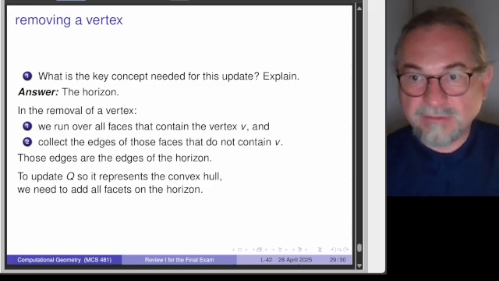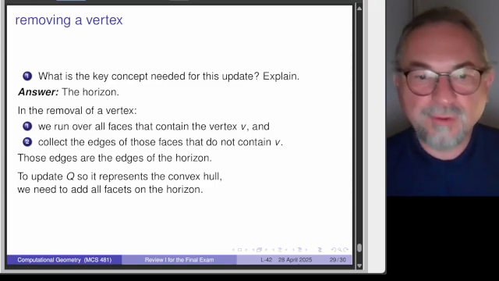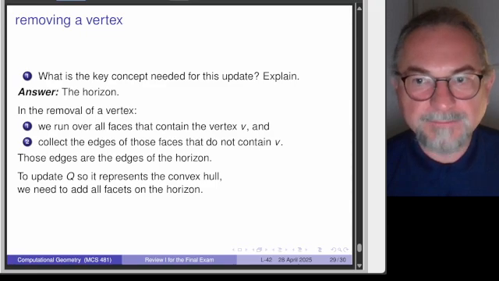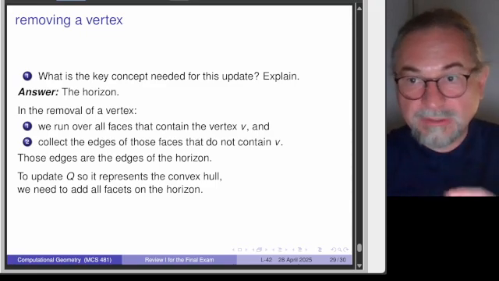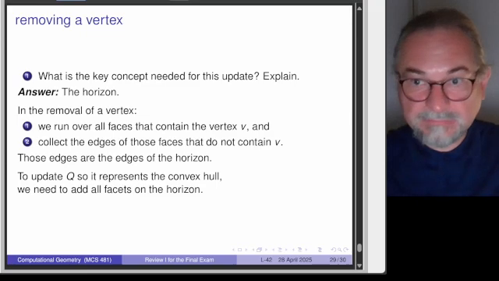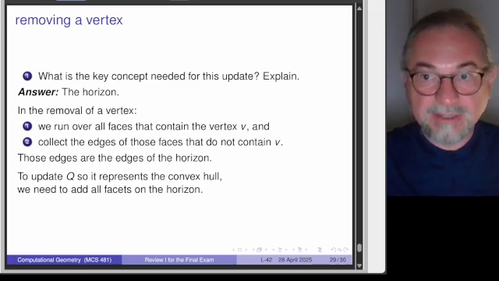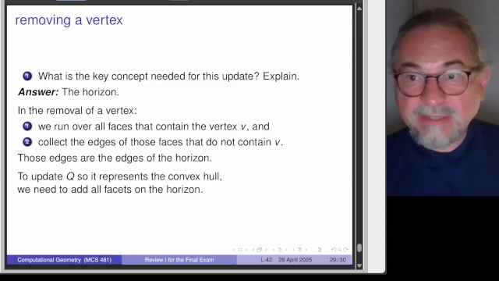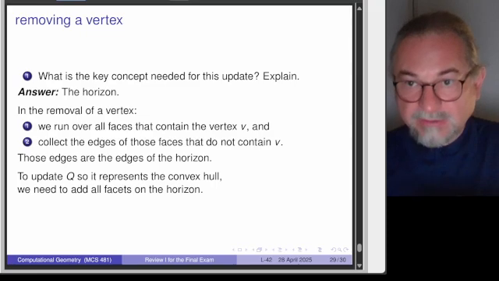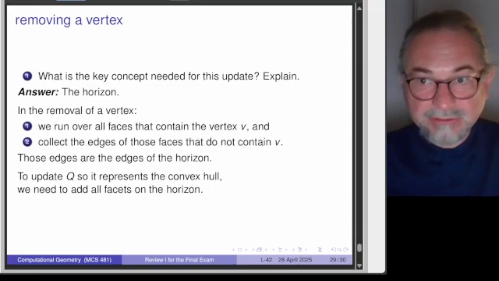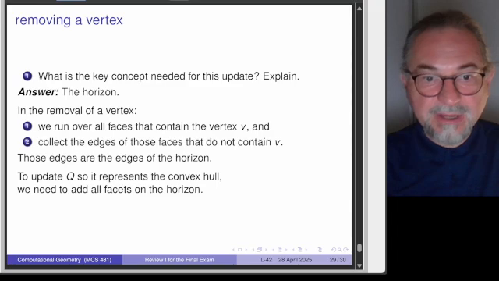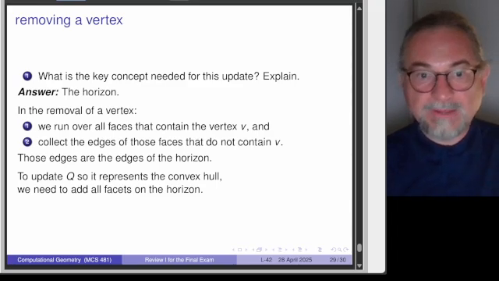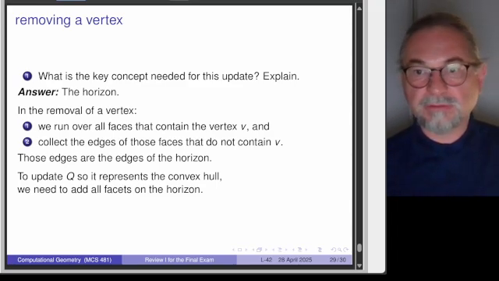It's kind of like you have a house and you remove one of the corners of the roof, and also all the sides that contain that corner. So what remains are the edges, and then you have to connect those edges with facets. So you need to add all the facets on the horizon.